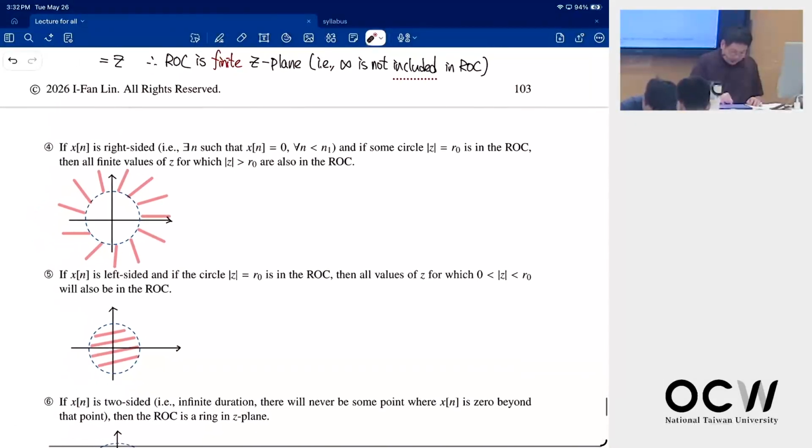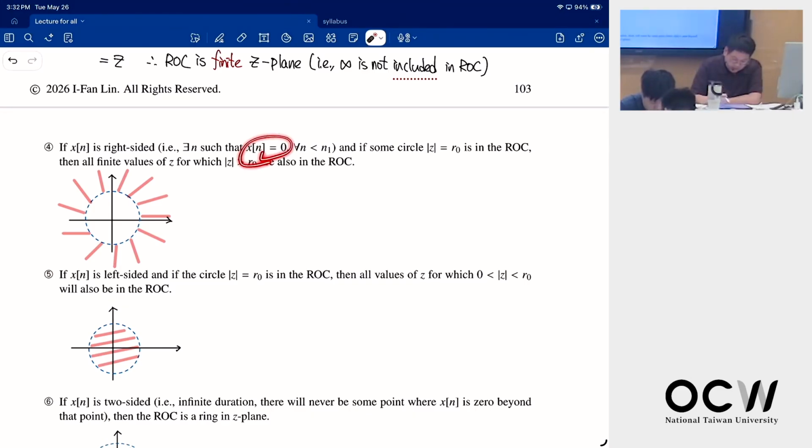Now, let's continue with the region of convergence. If the signal is right-sided, what is right-sided? Well, when the signal is 0 when n is less than some point, then what is the region of convergence? The region of convergence is outside the circle.